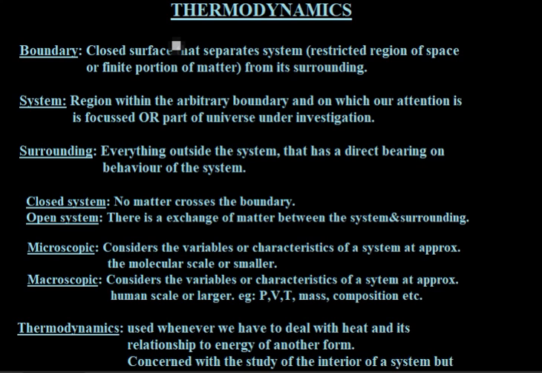Depending upon the exchange of matter between the system and surrounding, we can define two types of system: the closed system and the open system. So if you consider some arbitrary boundary, then if we are studying the properties of the region of space within this arbitrary boundary, it is called the system.